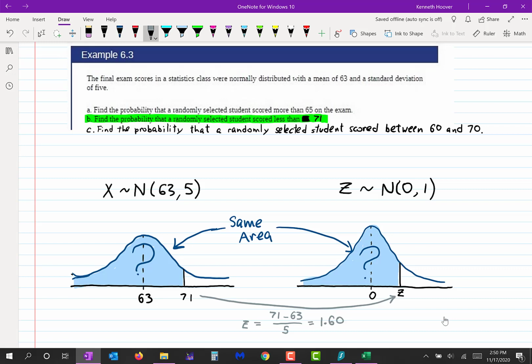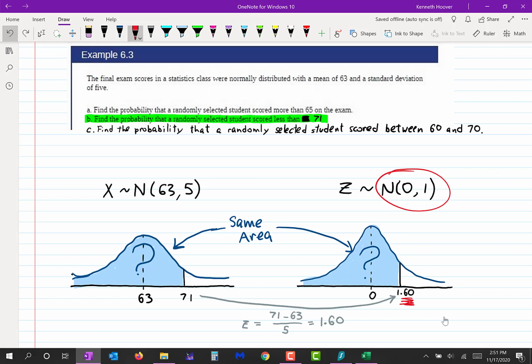I'm going to write 1.60, okay? That is our z-score for 71. 1.60. Now, we're going to look this up in the standard normal distribution, and it's going to tell us this area. And since that's equal to this area, then that'll give us our answer.